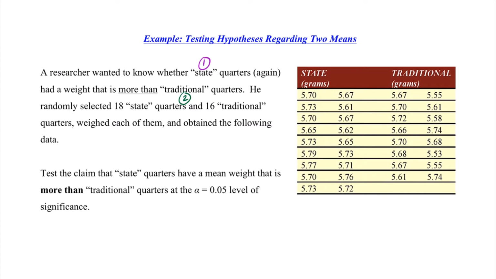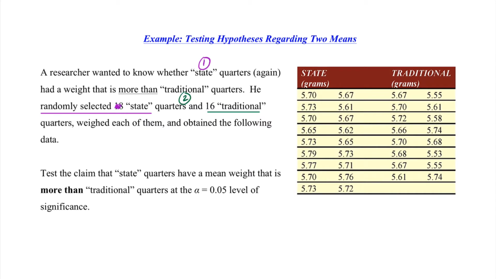The next layer would be making sure we understand why this is independent sampling. Well, first we're allowed to use deductive logic. We're told that he randomly selected 18 state quarters and 16 traditional quarters. Well, if we have different sample sizes, then it must not be matched pairs data because they wouldn't match up. Now that doesn't tell us directly that we have independent sampling, but it is a nice piece of evidence.